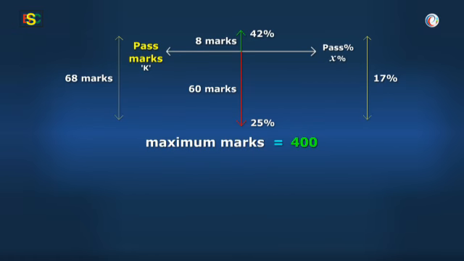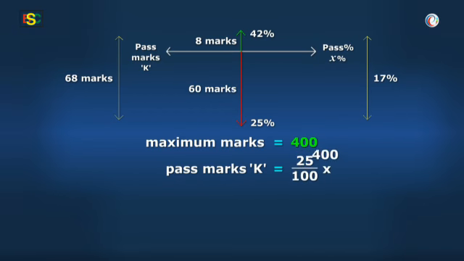Can you find pass marks and pass percentage? Yes, why not? A candidate getting 25% failed by 60 marks. So passing marks K must be equal to 25% of maximum, that is 25% of 400 plus 60, which is equal to 100 plus 60 or 160.